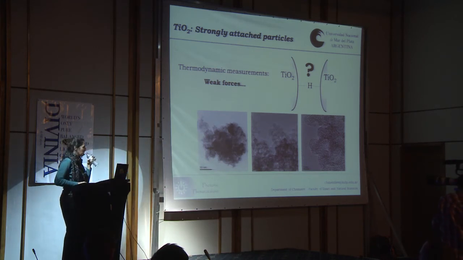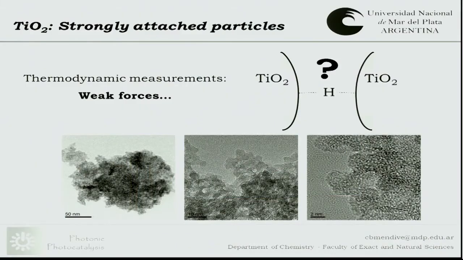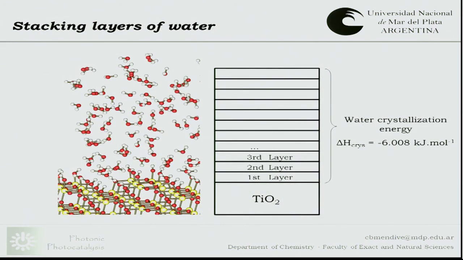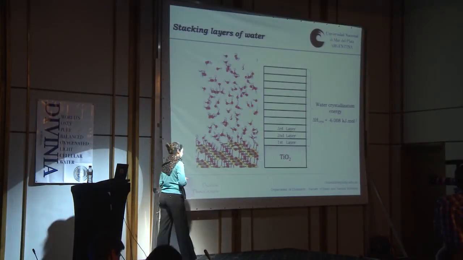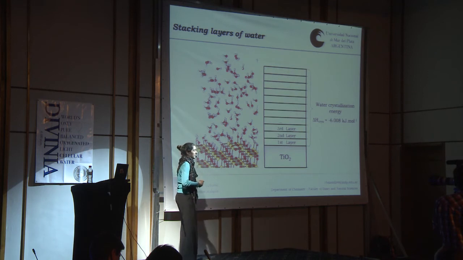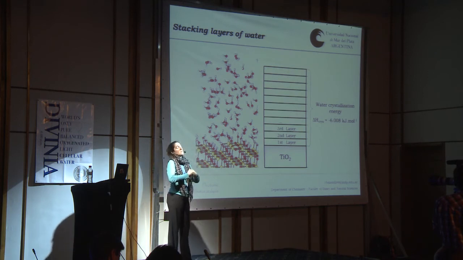Many times you see that the particles are topotactically attached. That means that they align their crystallographic planes, and these are very strong attachments. So we think that, yes, some energy may be released, and this could trigger another reaction or another phenomenon that finally helps these strongly attached particles to detach.